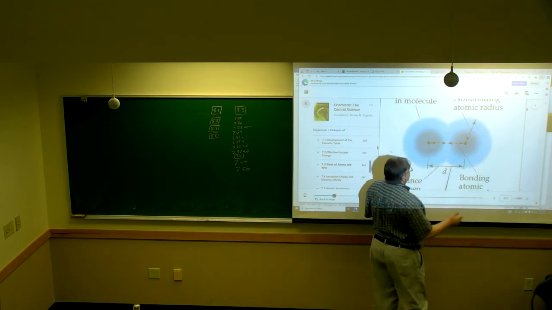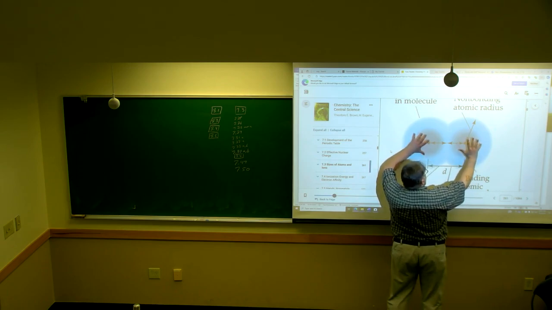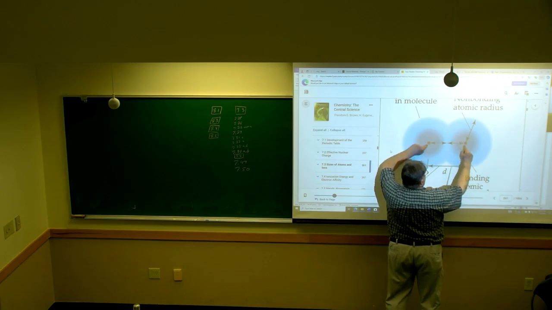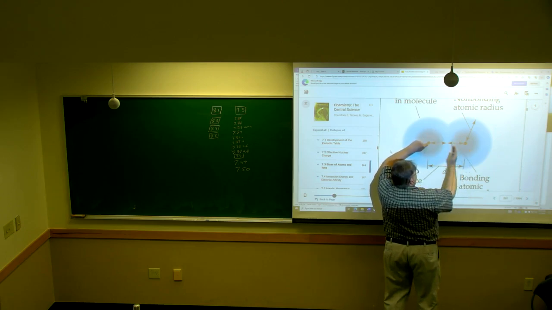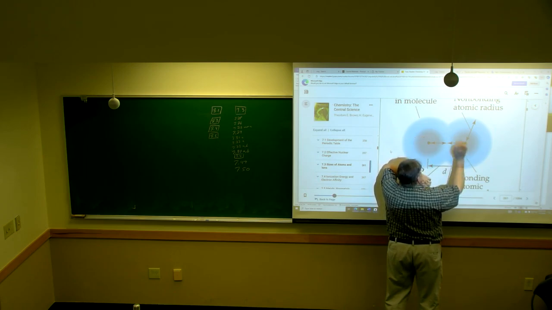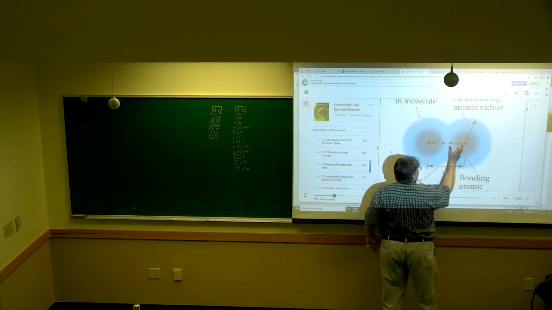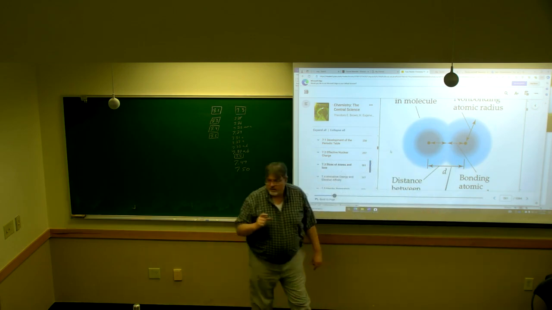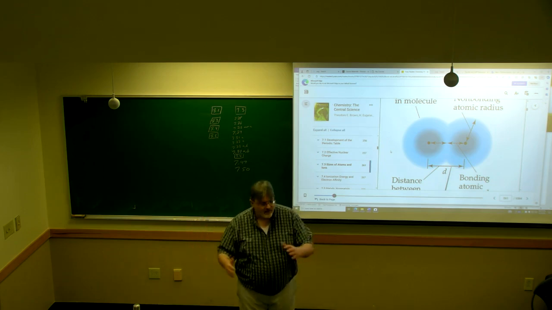And there's also something called the bonding radius, because atoms tend to get a little bit closer when they bond. So what we do is take the distance between the two nuclei, cut it exactly in half for a diatomic molecule. Say it's chlorine and chlorine, or hydrogen and hydrogen. And then we take 1/2 of that and we call that the bonding radius, which tends to be a little bit smaller than the free atom by itself.